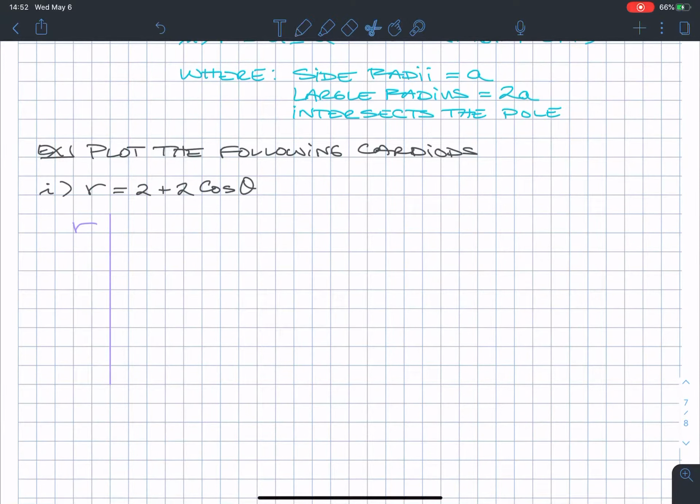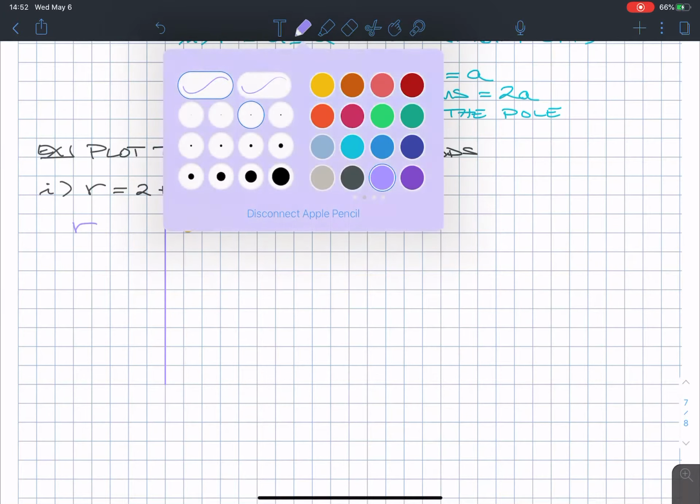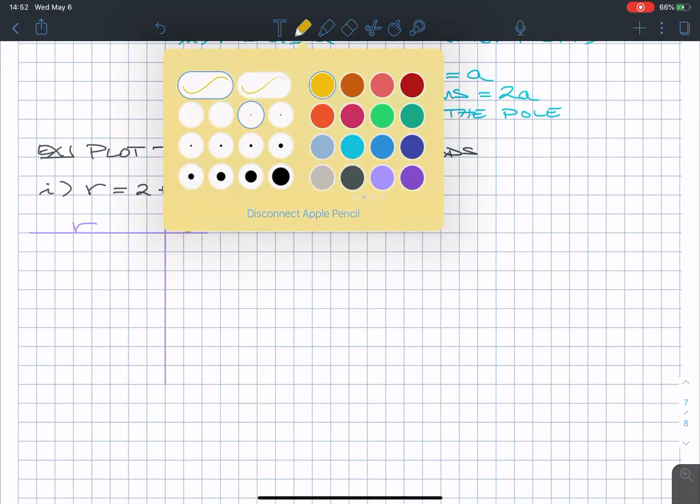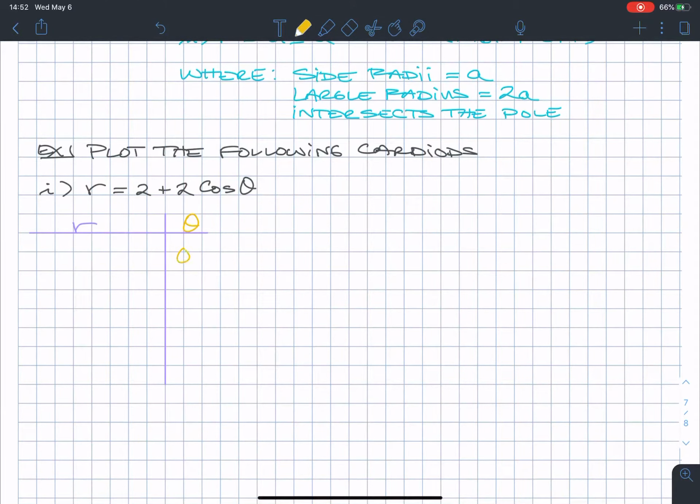Actually, maybe I'll move it over a bit. Theta. So usually I like to start theta at 0, then at pi over 2, then at pi, then at 3 pi over 2.